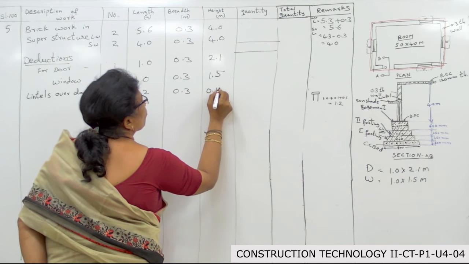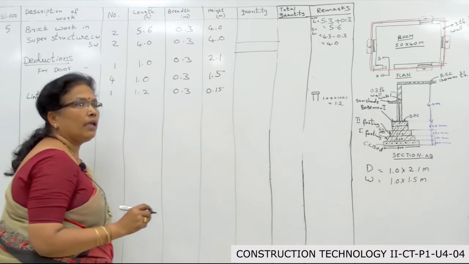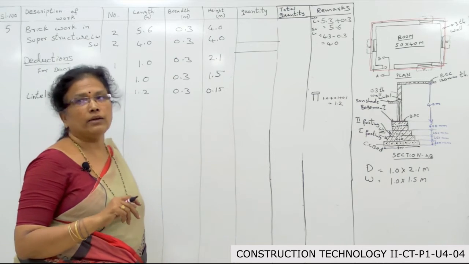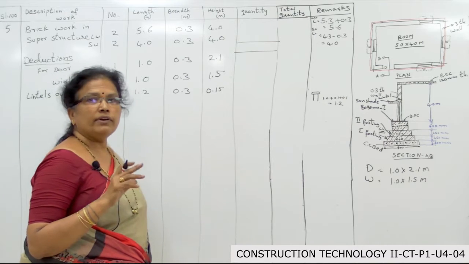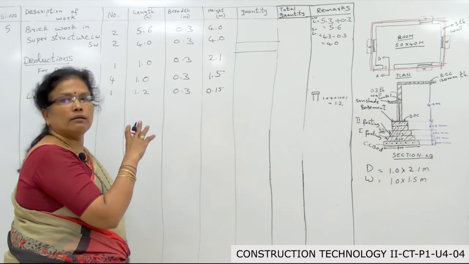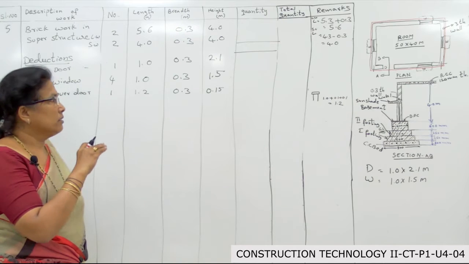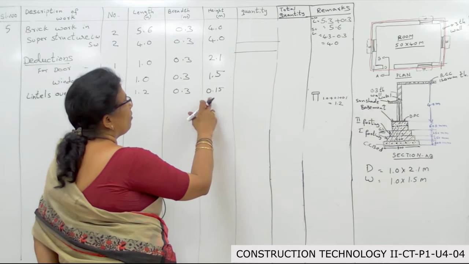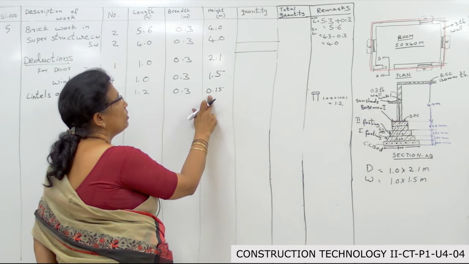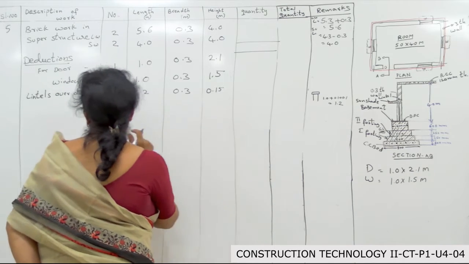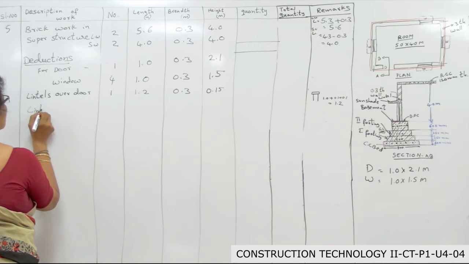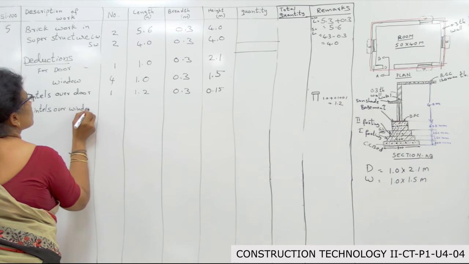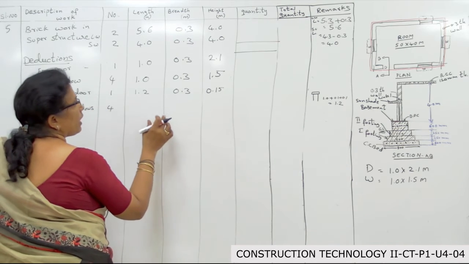So length of the lintel is 1.2 and 0.3, and lintel thickness is 150 mm. That is the standard height of the lintel. If it is not given, you can assume as per the standard dimension, that is 150 mm. So it's coming to 0.15 meter.